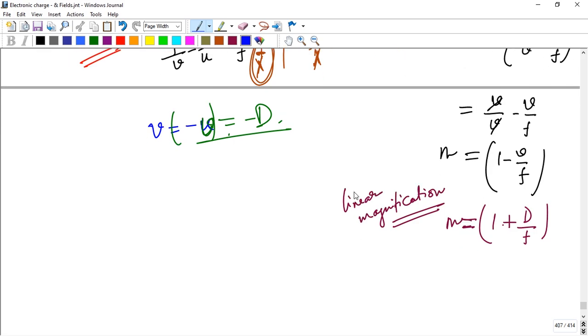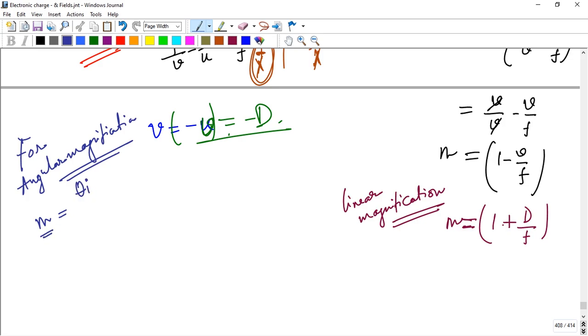Angular magnification is the image angle by object angle.